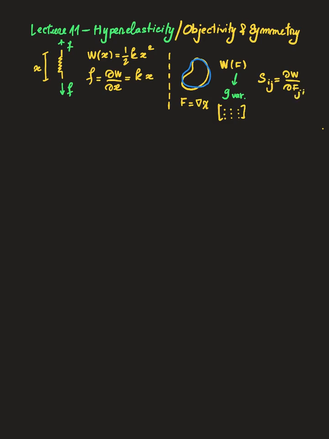And this is what we have put in connection with the fact that also in 1D the force is the derivative of energy, well, also in 3 dimensions the stress is the derivative of energy. So this is just to create a bit of contextualization. We are trying to understand what the properties of this function are.